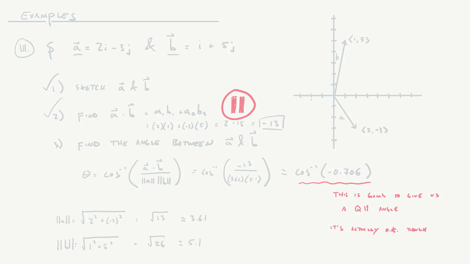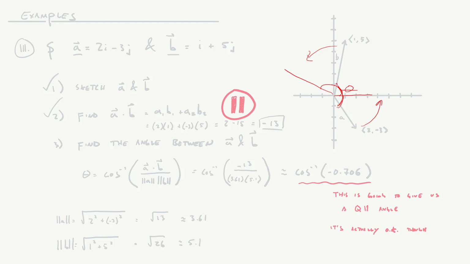We can completely ignore the fact that we're going to be in quadrant 2 for this angle, because we're finding this angle here. Okay, that's what we're doing. If we rotate this entire triangle up so that A is coincident with the x-axis, that also moves vector B in this direction, and this angle here is going to be the same as this angle here.